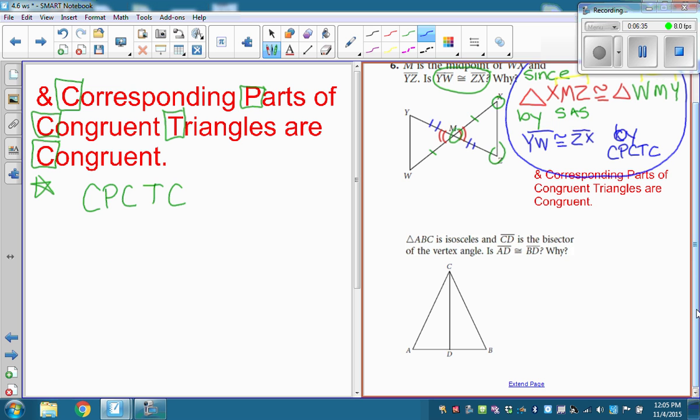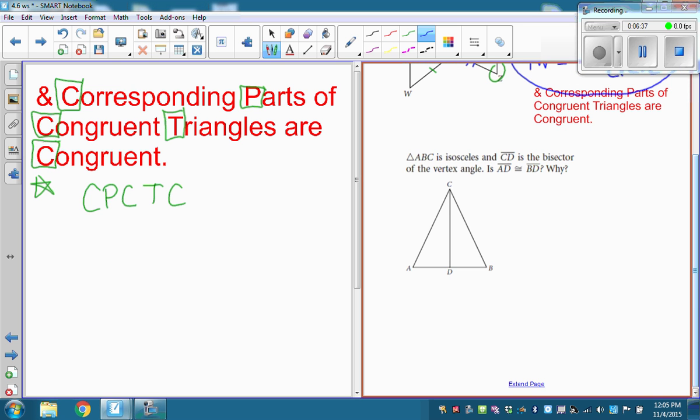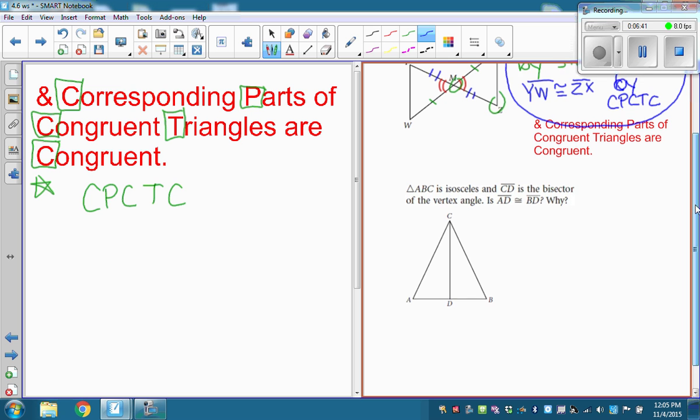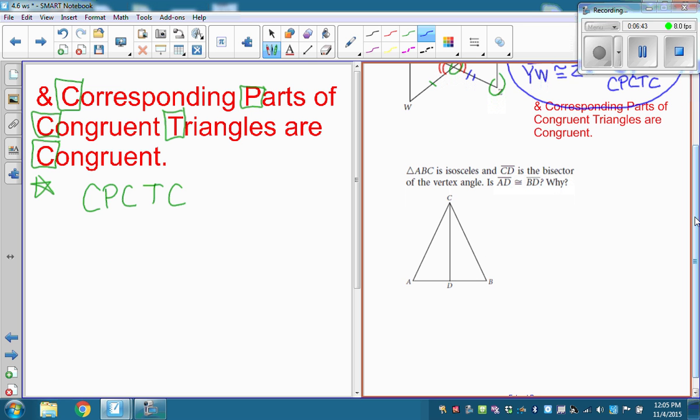Now let's do another one. I'll post these examples. So what do you know about this one, Rebecca? Tell me something you know. ABC is an isosceles triangle, so that means that two of the sides are equal. Okay, and when they say the vertex angle, they don't tell it, you're going to go with the picture, this being the vertex angle.